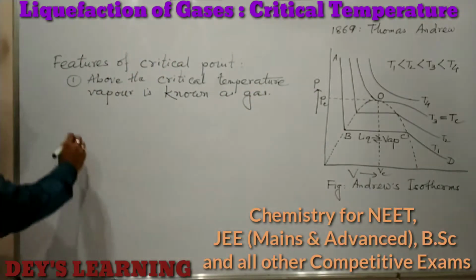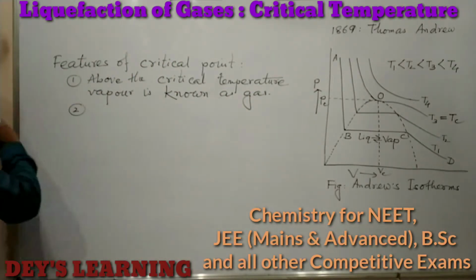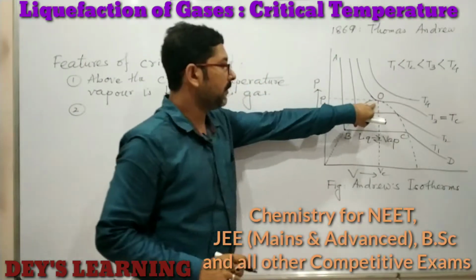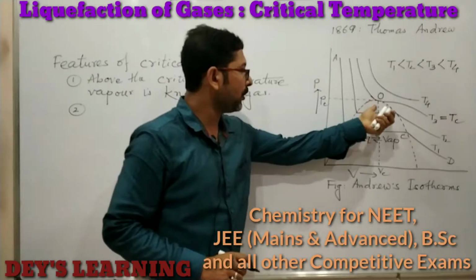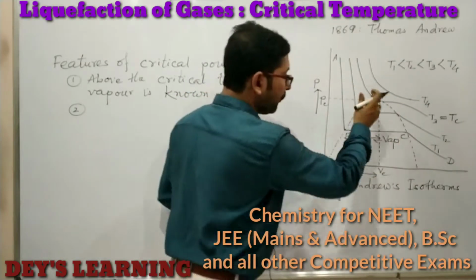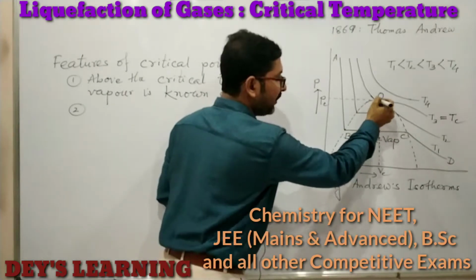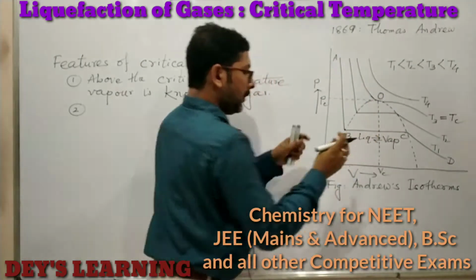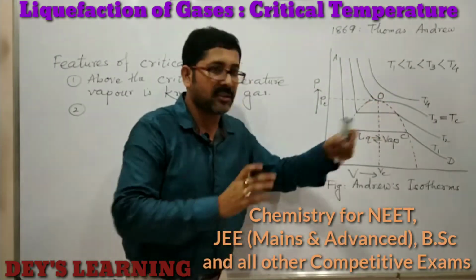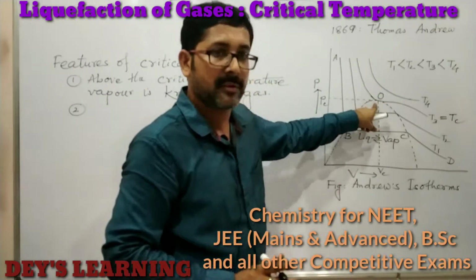Number 1. Number 2 is, at this point there is no difference between gas and liquid, because these two phases exist at this point. So the surface of separation between liquid and gas disappears at this point.